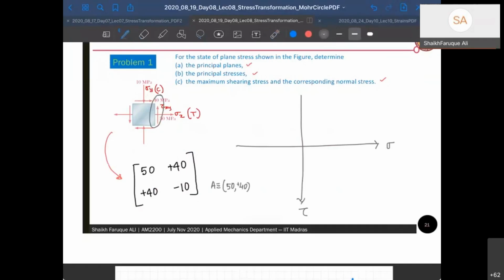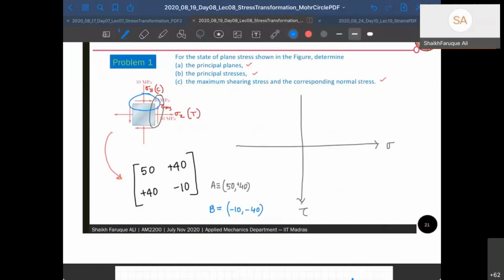Now let's look at the B plane, point B, another point, which is 90 degrees to A. So this is the plane. B is going to be minus 10 because it's compressive, right? Minus 10, comma, clockwise, right? So minus 40.